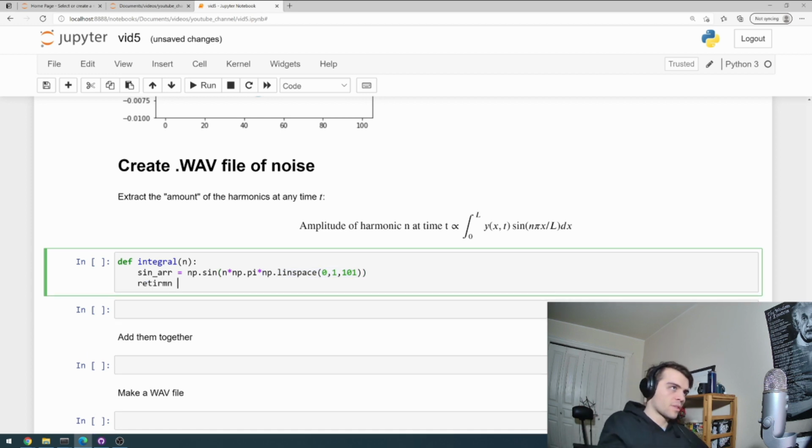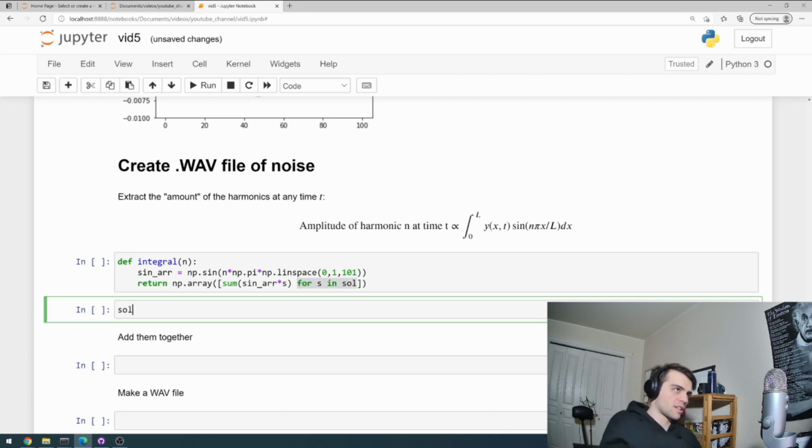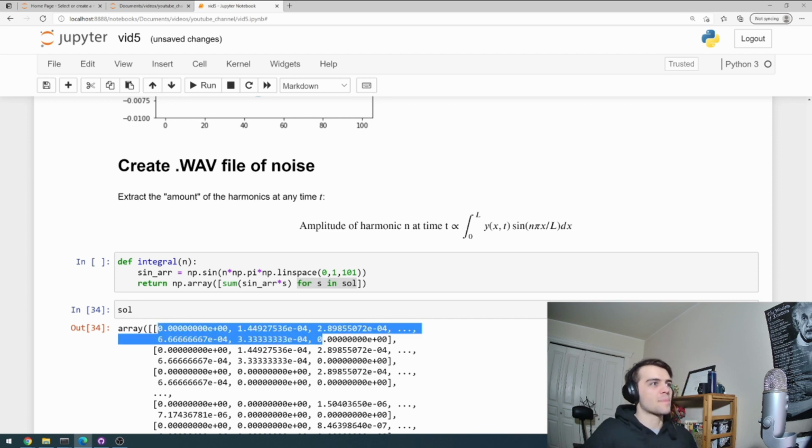And we're going to return an array. This is an approximation of an integral, right? We're summing sine array times s for s in sol. So what this says is I'm going to loop through each row of my solution. Remember, the solution looks like this, and each one of these is a snapshot in time.